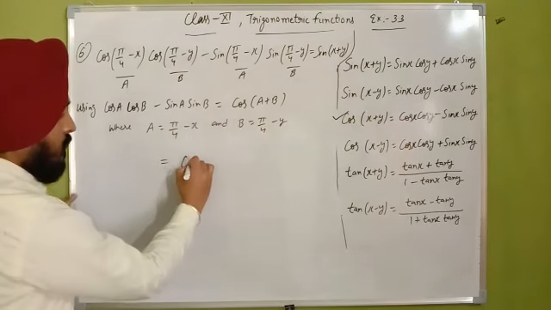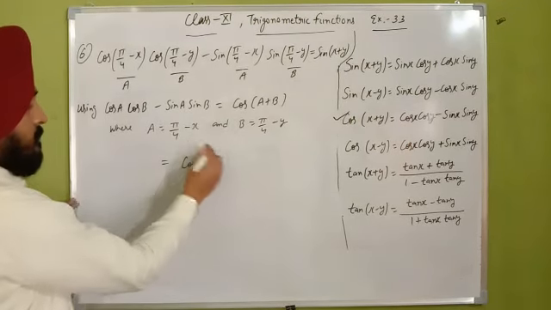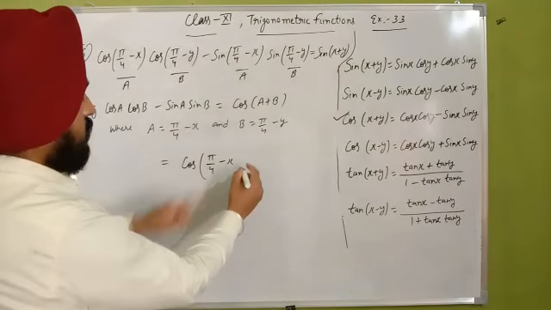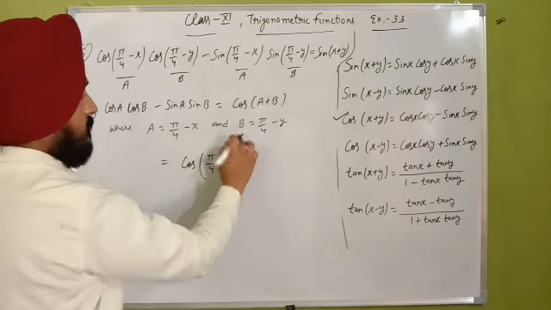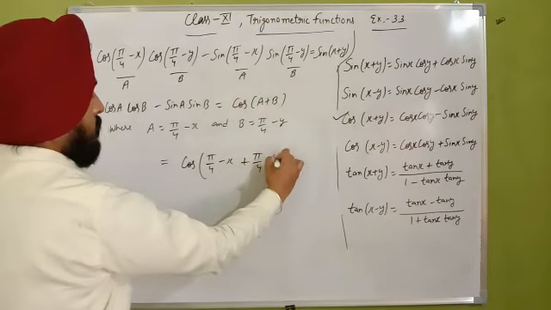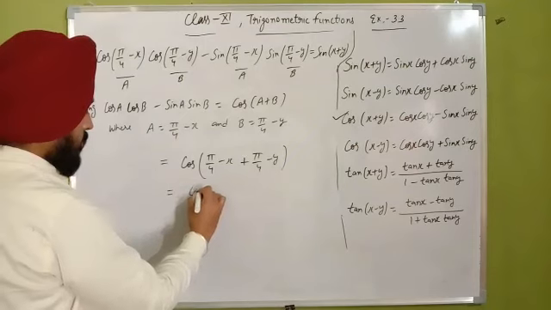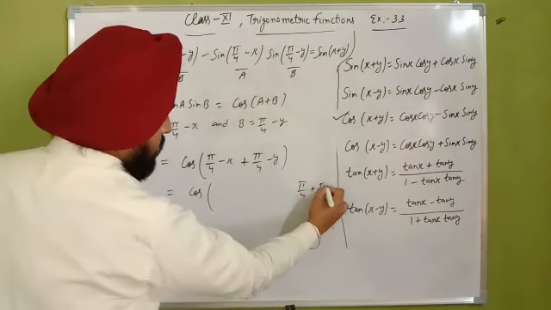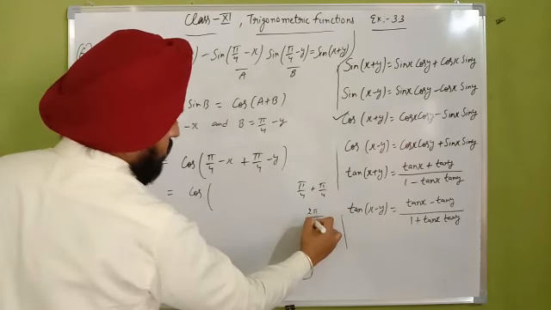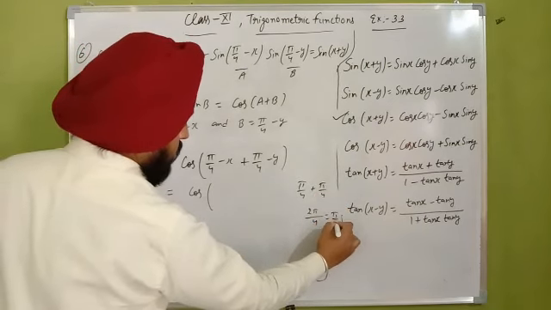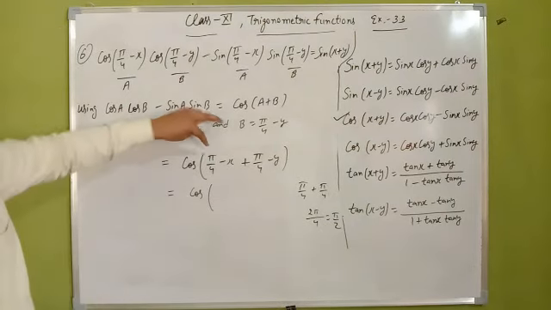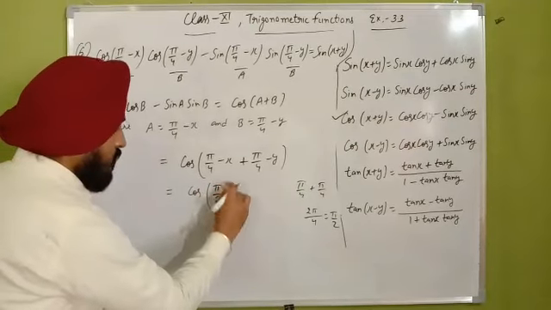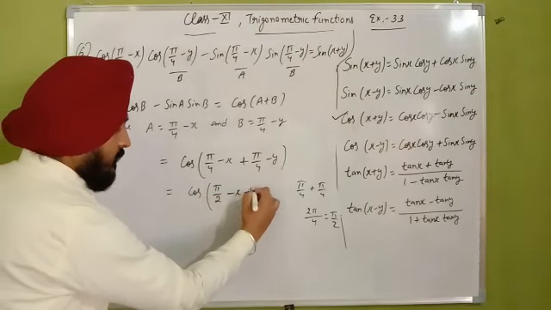That is equal to cos of the value of a, pi by 4 minus x, now plus sign, so use plus, value of b, that is pi by 4 minus y. Now in the next step we can add pi by 4 plus pi by 4, that means 2 pi by 4, that gives you pi over 2. So we can directly write pi by 4 plus pi by 4 as pi upon 2, and minus x minus y as it is.